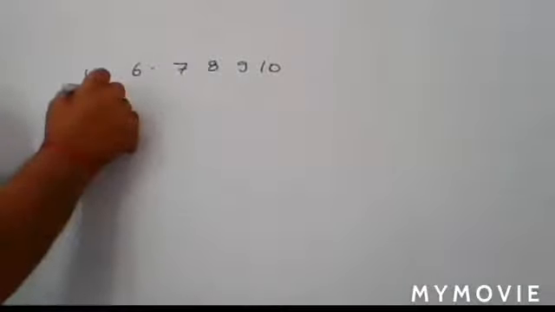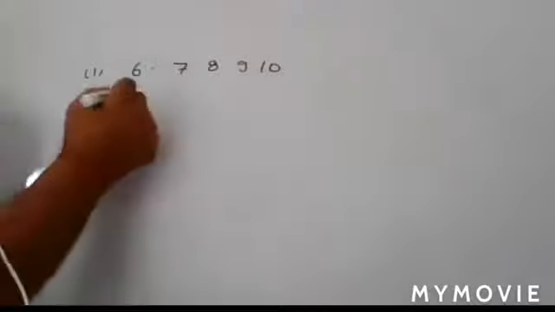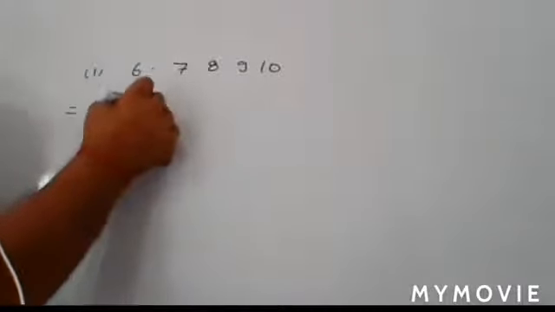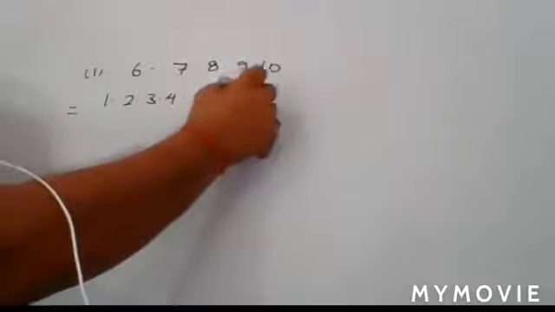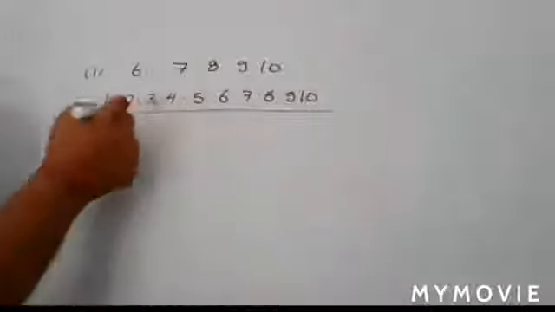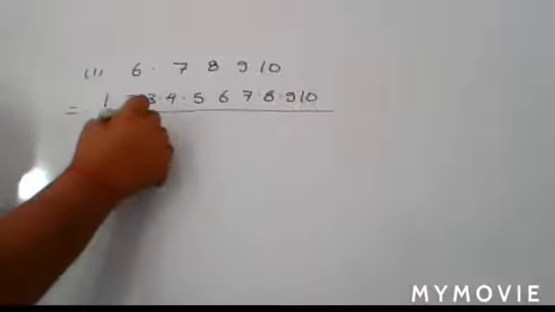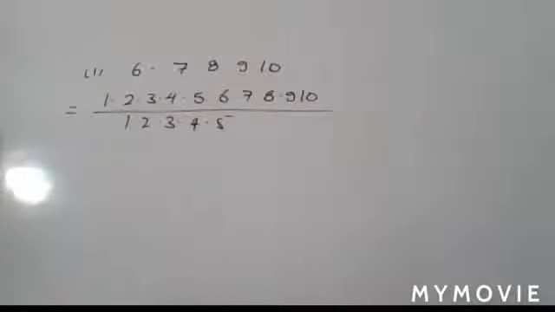So here you write, taking the continued product up to the first natural number, 1, 2, 3, 4, 5. Then you write here 6, 7, 8, 9, 10. So you have to divide by 1, 2, 3, 4, and 5 also. Understand? You can write in this way.